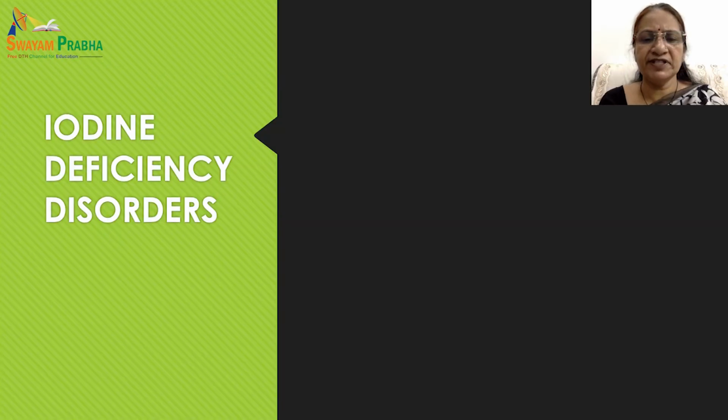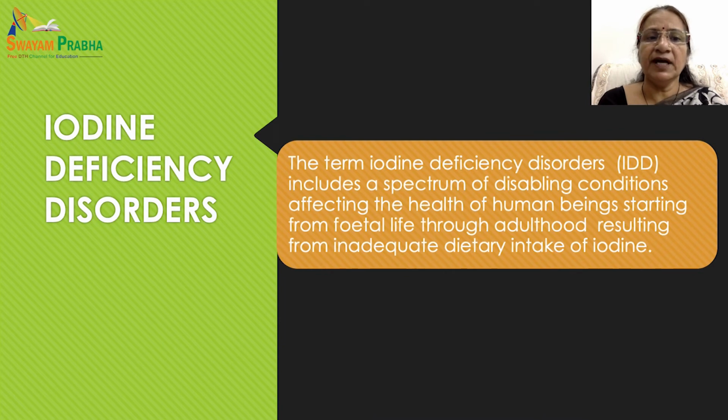Now, iodine deficiency disorders. The term iodine deficiency disorders, that is IDD, includes a spectrum of disabling conditions affecting the health of human beings starting from fetal life through adulthood, resulting from inadequate dietary intake of iodine.